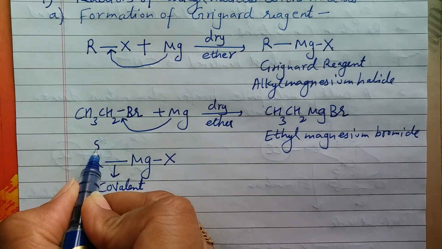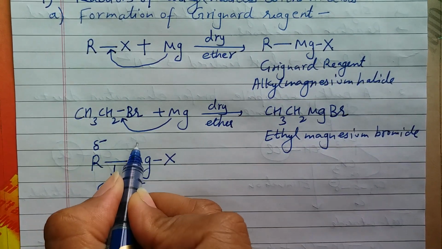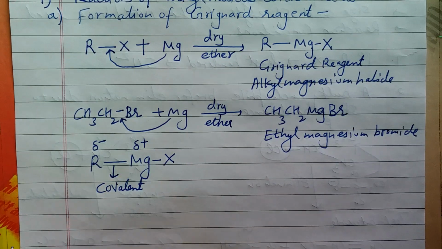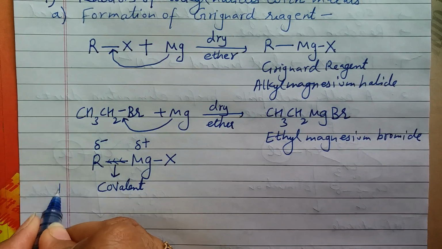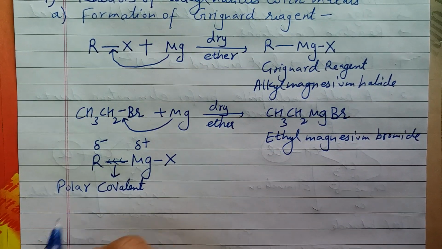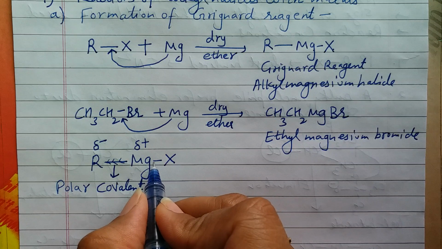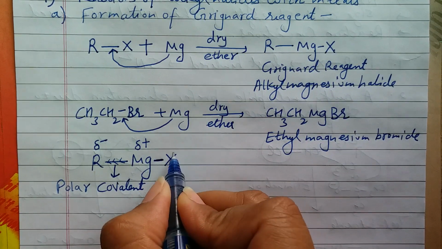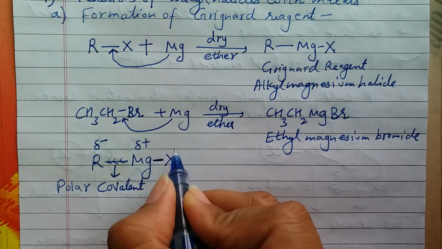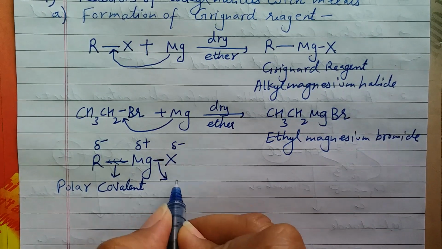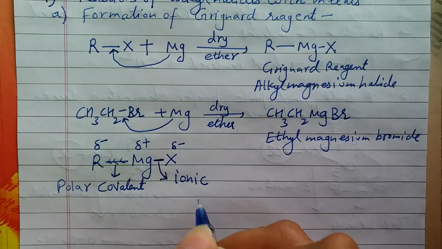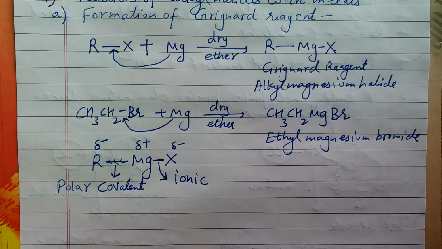So the R part will take up a partial negative charge and magnesium takes up positive charge as expected. So electrons are withdrawn towards the alkyl. So this bond you can say is a polar covalent bond. And the bond between magnesium and halogen, undoubtedly the halogen will withdraw electrons towards itself, making itself negatively charged. So the bond between magnesium and halogen is an ionic bond, right? The one between the alkyl part and magnesium is a polar covalent bond.